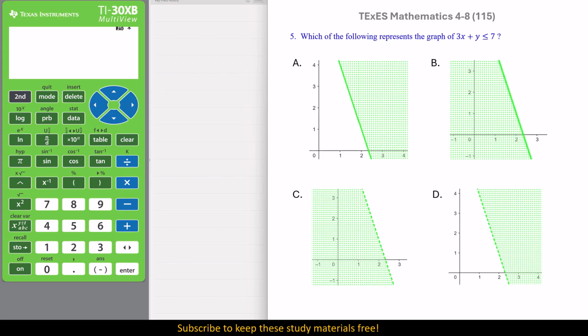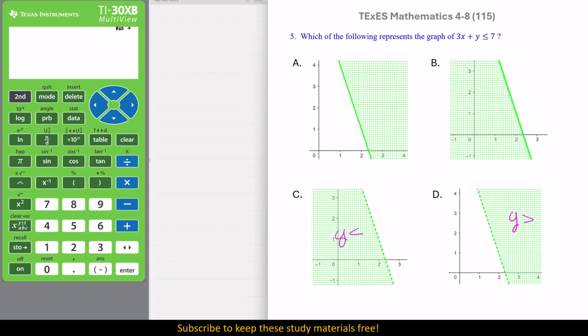So for C, everything here is less than. And for D, everything here is greater than. So any of the y values would be greater than whatever that line is. And then here, the y values would all be less than that line.